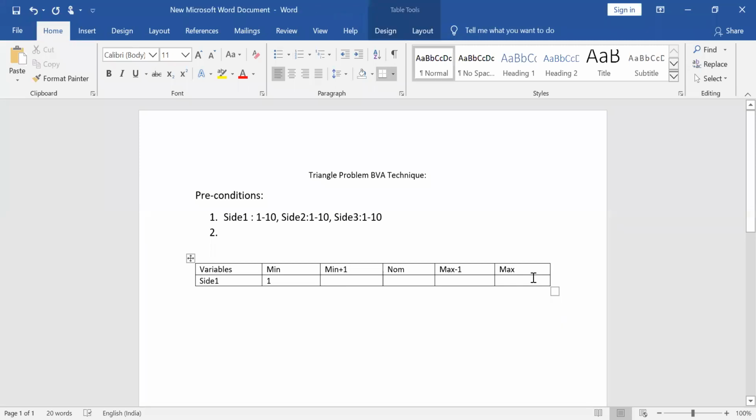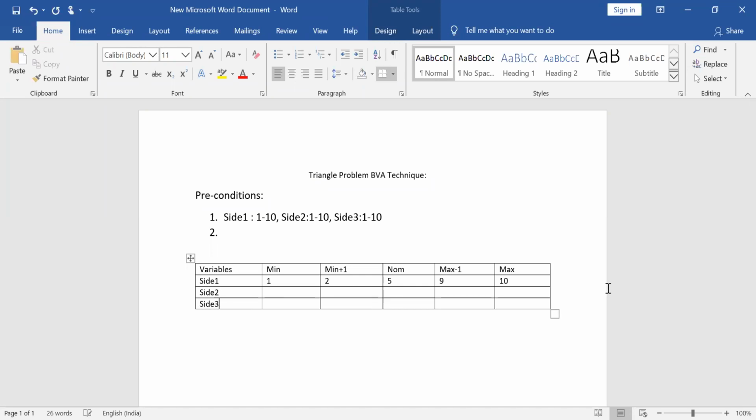So based on that, we can construct this particular table. So 5 followed by 9 followed by 10. Similarly, side 2 together 5, same value since all the particular members are having.